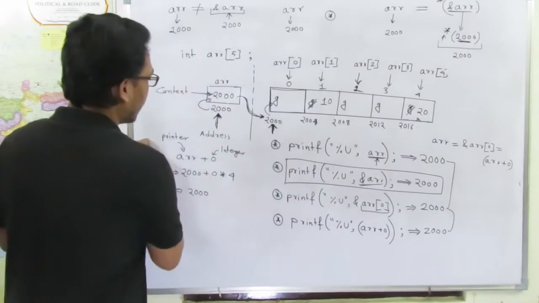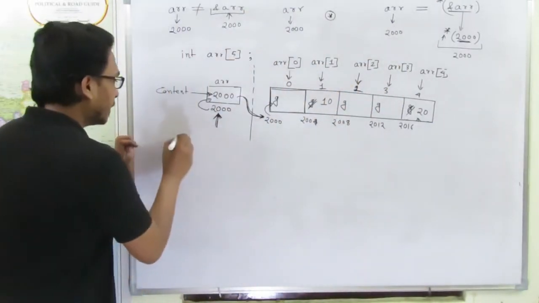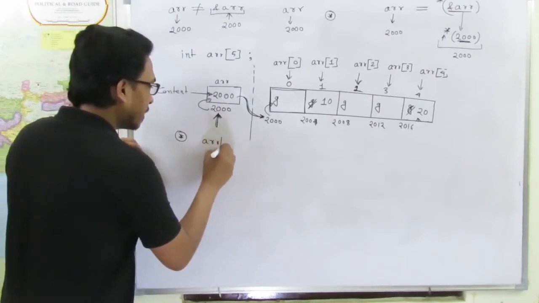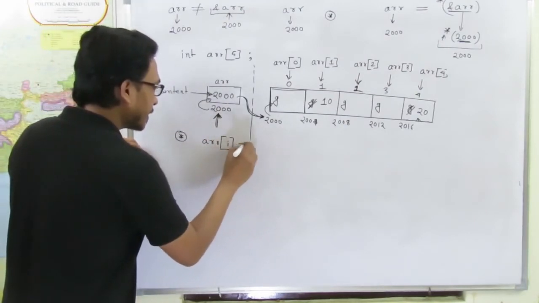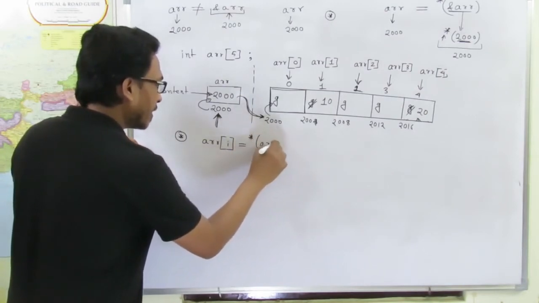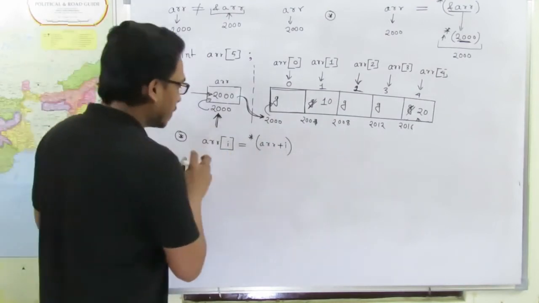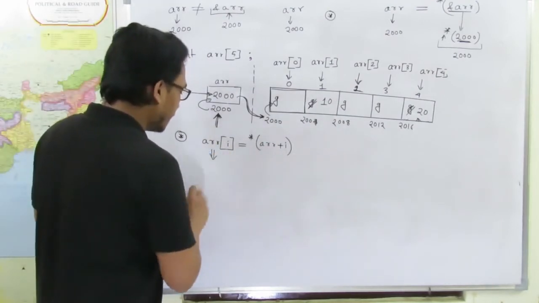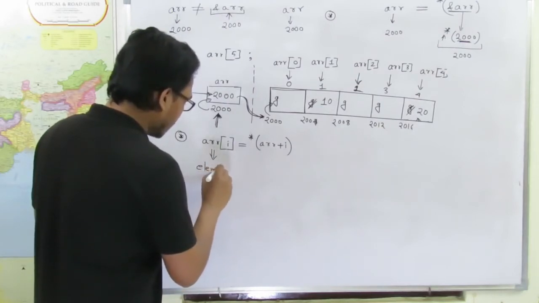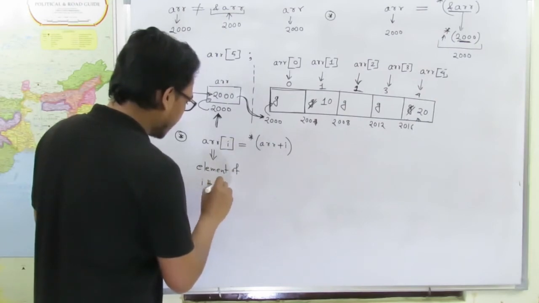Now one more point we need to discuss in this class. We already know one thing, that in case of array notation ARR[I] is equivalent to pointer notation *(ARR plus I). Clear? Now what does it define? It means the element of the ith index.